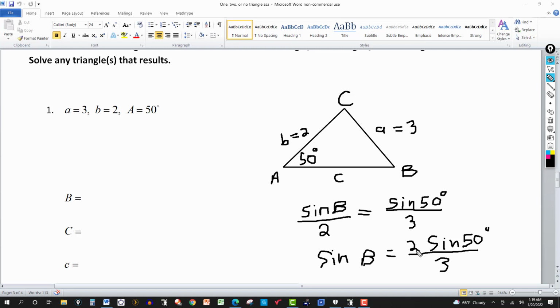And now you could do this calculation here. Divide by 3, round it off, and then use your calculator, use the sine inverse. Now I want to point this out to you.